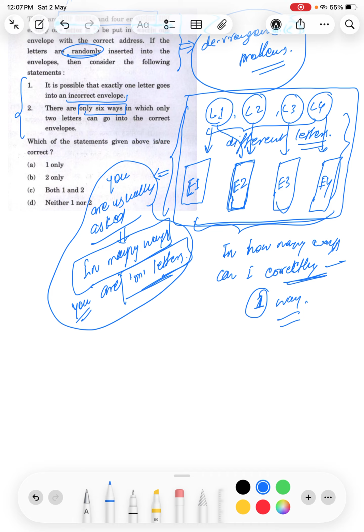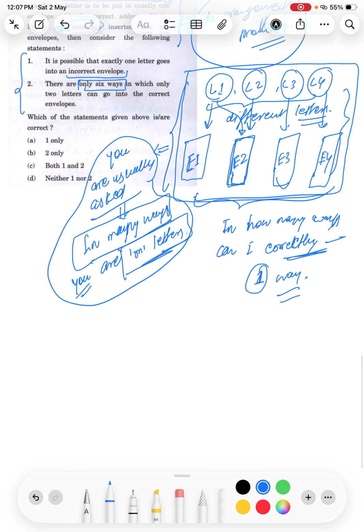So if I, let's say, put L1 into E2, then L2 will have to find some other envelope, because it cannot go into E2 now. And wherever L2 will go, for L2 it will be a wrong envelope.